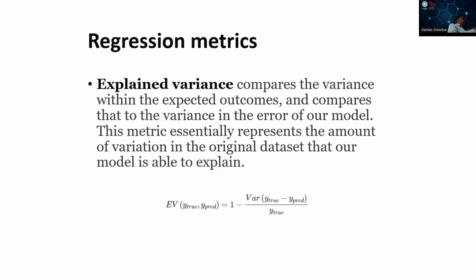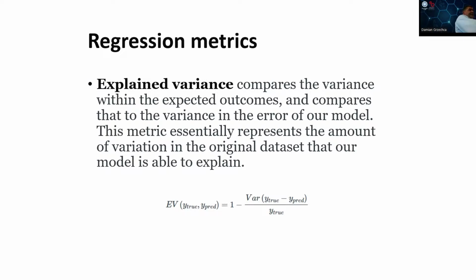Okay, other parameters that should be taken into consideration while evaluating the model: regression metrics. The first one is explained variance. It compares the variance within the expected outcomes to the variance in the error of the model.